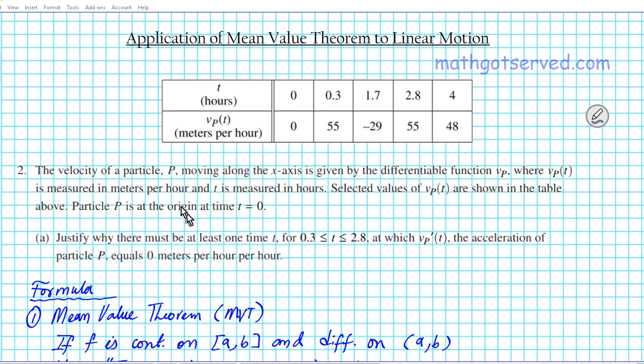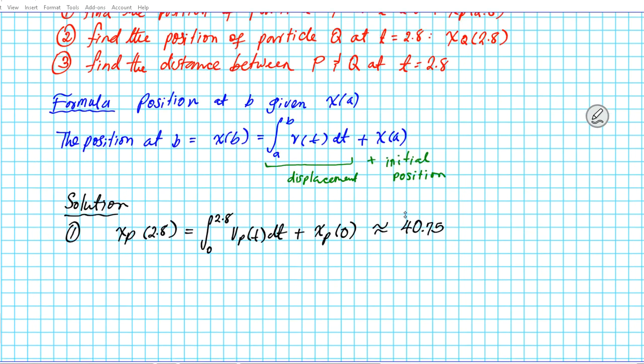So what's the x-coordinate of the origin? It's 0. So at t equals 0, particle P is at the origin. So x sub p of 0 is simply going to be 0, and the position of particle P at 2.8 is approximately 40.75.